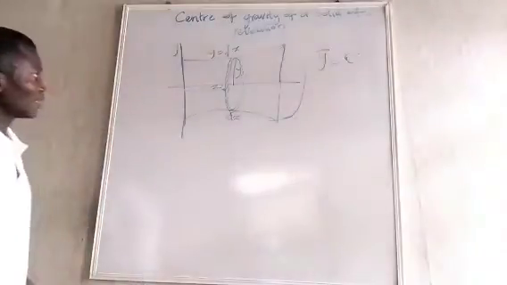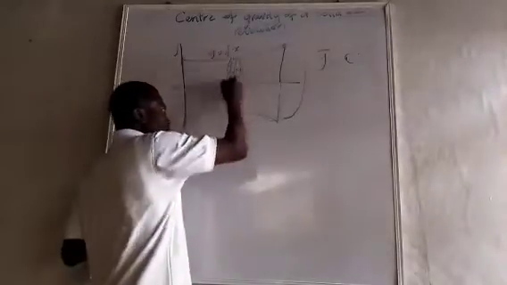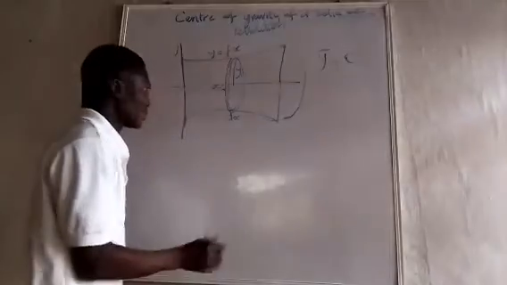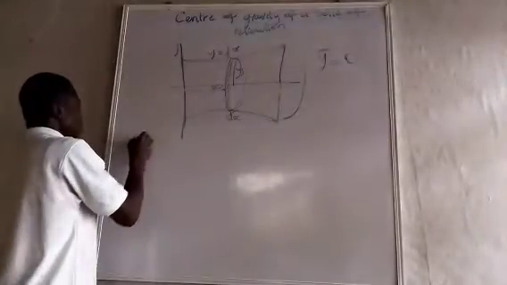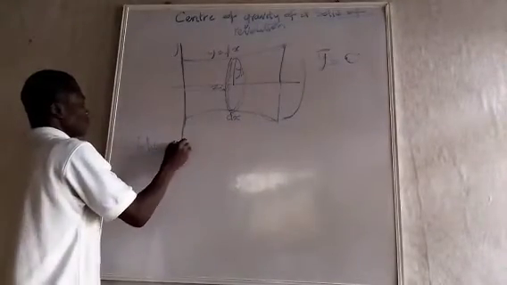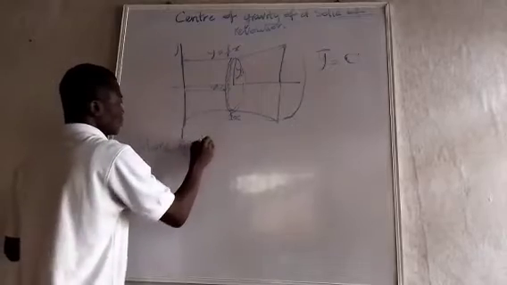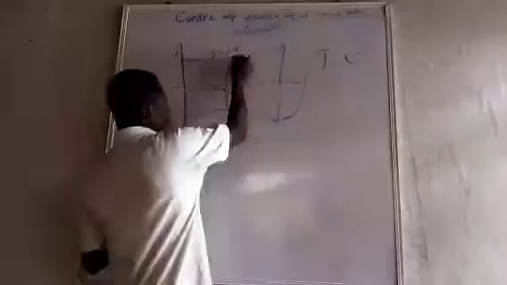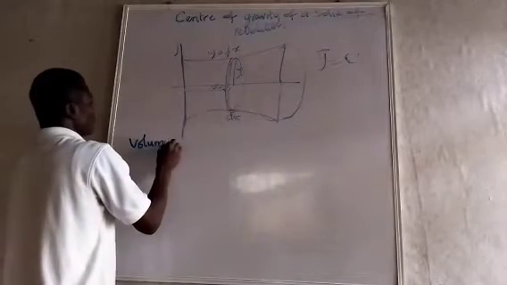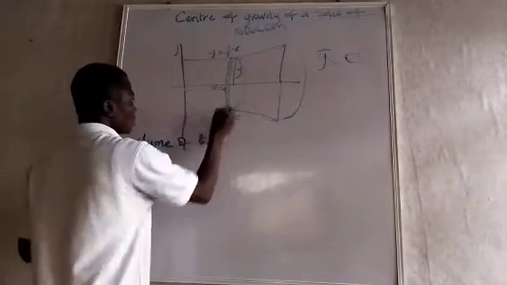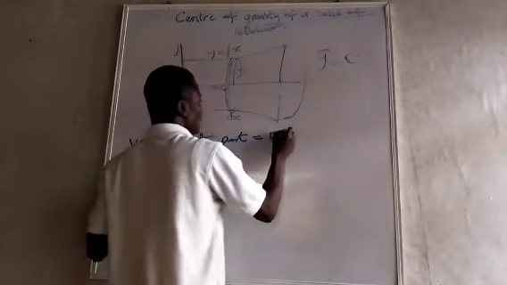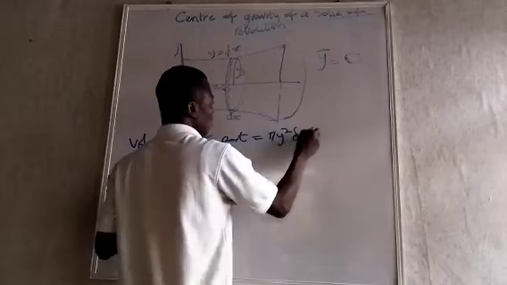The volume of that small part is equal to pi y squared delta x.